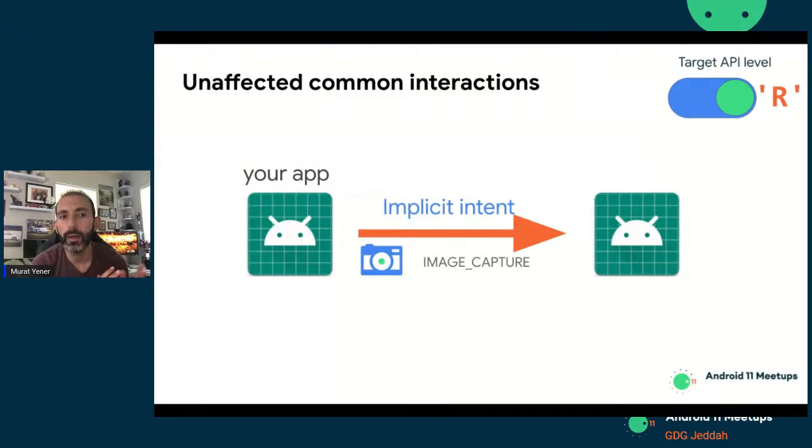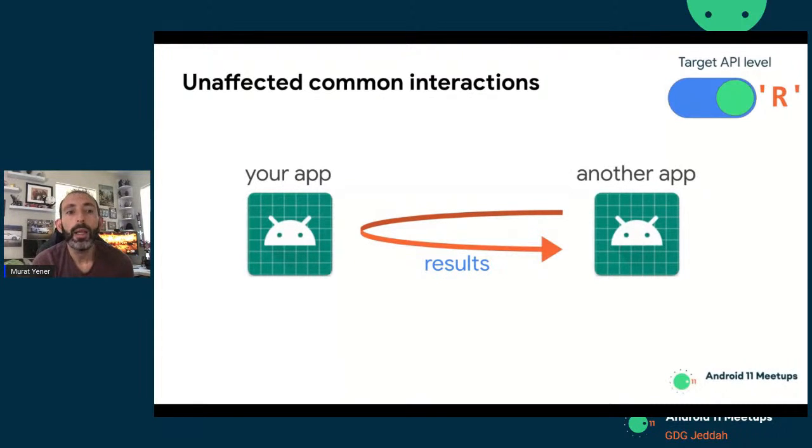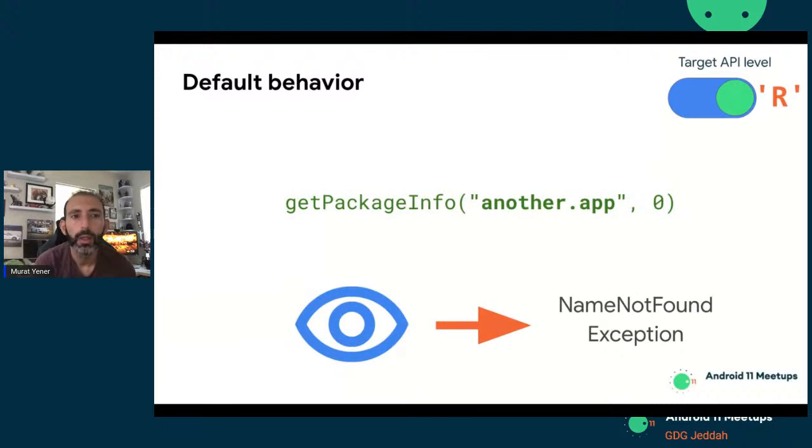Again, if there is more than one eligible app, the system will show a dialog and the user can choose, and nothing will be affected. If another app calls your app's content provider and expects some results, again, nothing changes. Without making any code change, your app can query and interact with those apps.